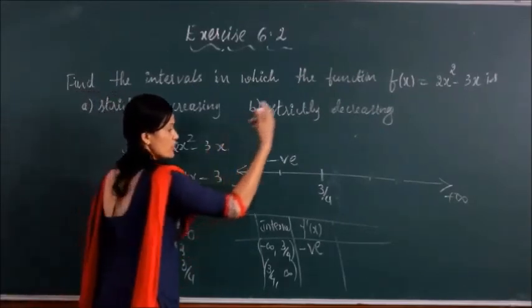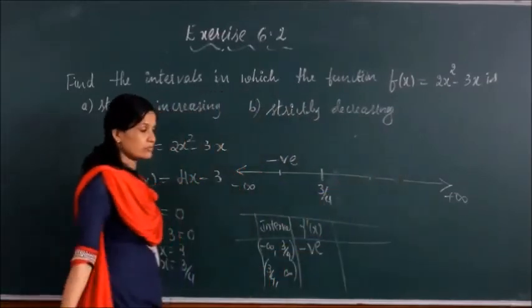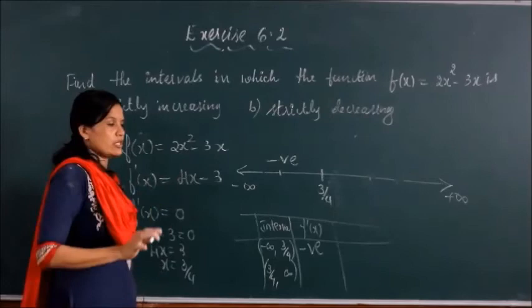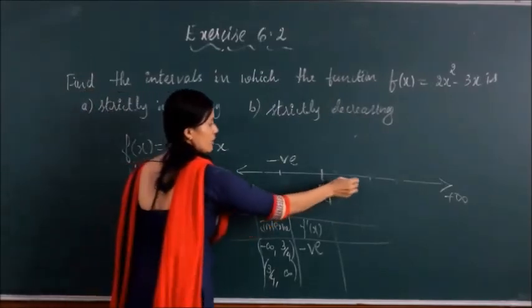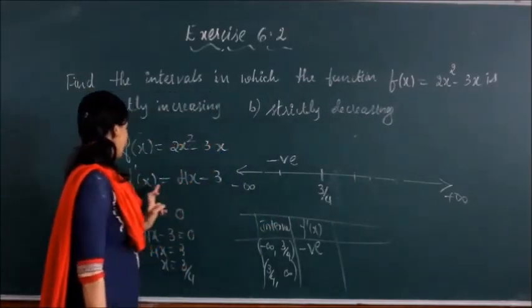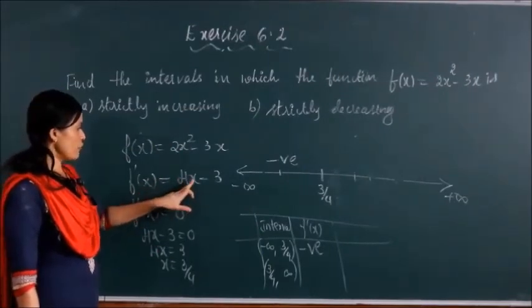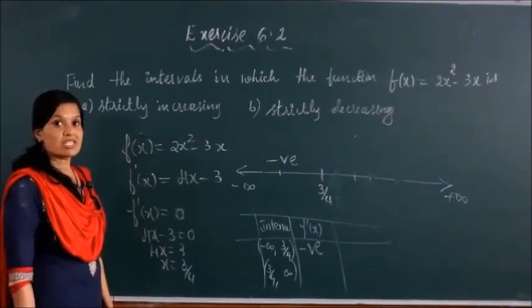In the same way, you check in the interval 3 by 4 to plus infinity. Take some easy point, 3 by 4 means I can take the point 1 here. So f dash of 1, 4 into 1 is 4, minus 3, you will get 1. So it is positive.